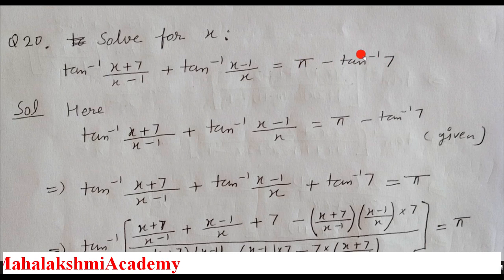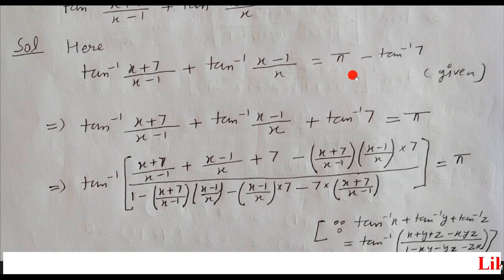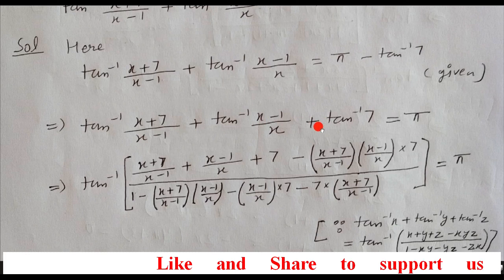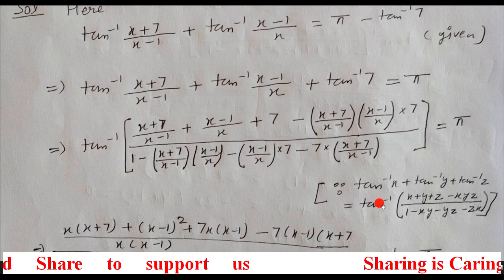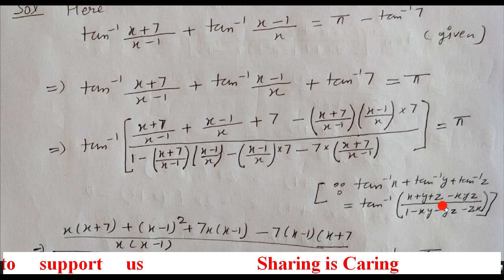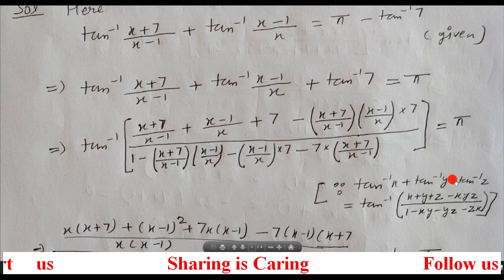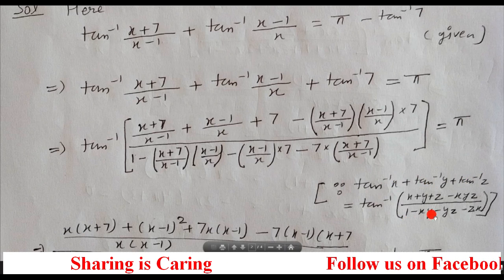Now we can't do anything with this, so we'll do one thing. When we start the solution, we'll shift this tan inverse 7 to this side. By doing this, we have three terms of tan inverse, and you already have the formula for three terms: tan inverse x plus tan inverse y plus tan inverse z is equal to this.